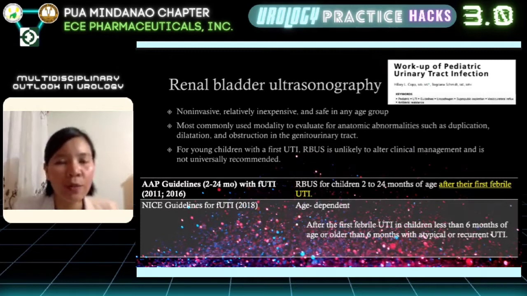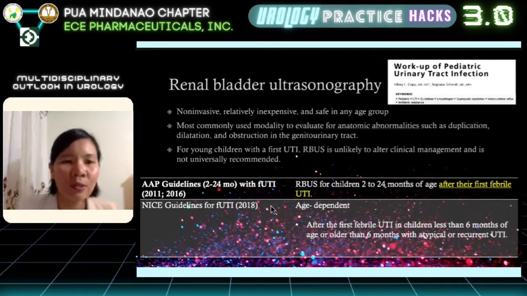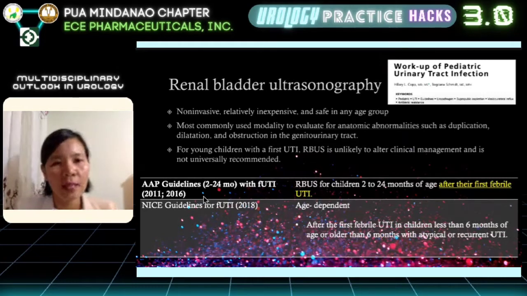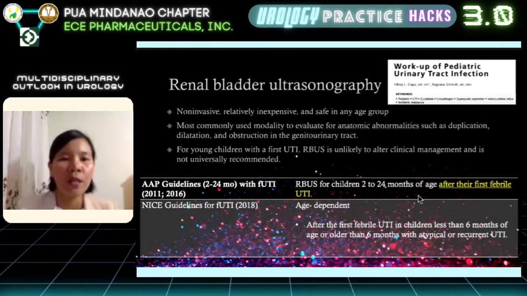For young children with a first UTI, RBUS is unlikely to alter clinical management, and it is not universally recommended. The AAP guidelines recommend renal bladder ultrasound for children 2 to 24 months of age after their first febrile UTI.